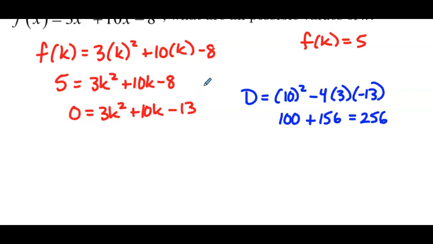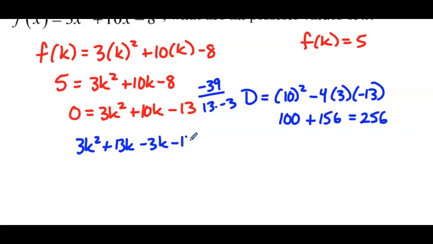So 3 times negative 13 is negative 39. So we need factors of negative 39 that add to 10. So that's going to be 13 and negative 3. So I'm going to put the equal sign and the 0 on the right side. So I'll have 3k squared plus 13k minus 3k minus 13 equals 0.